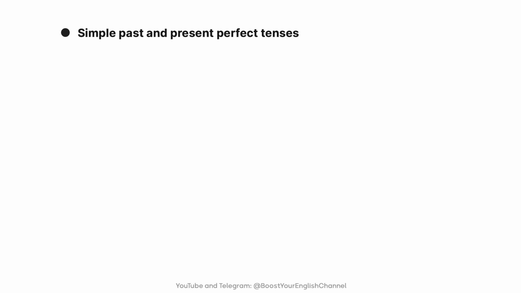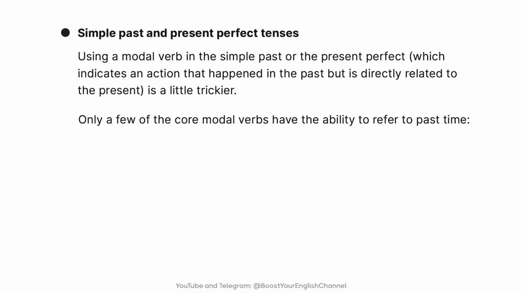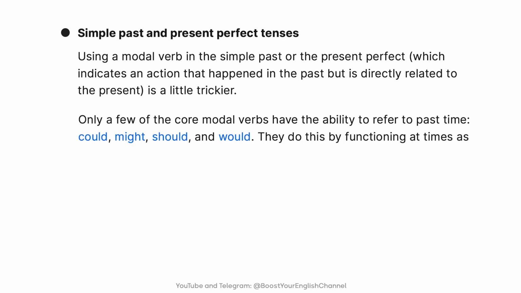Simple past and present perfect tenses. Using a modal verb in the simple past or the present perfect, which indicates an action that happened in the past but is directly related to the present, is a little trickier. Only a few of the core modal verbs have the ability to refer to past time: could, might, should, and would.